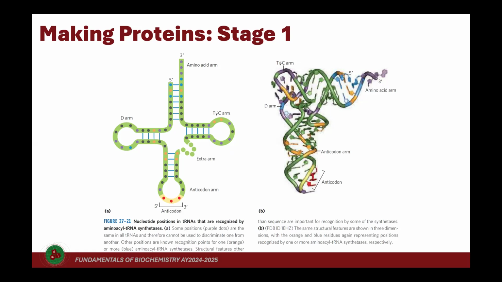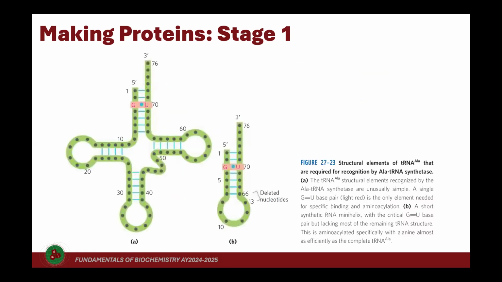Because the tRNA molecule is the one that reads the codons in your mRNA transcript. So at this point, your synthetase plays a crucial role in that it should have the correct tRNA molecule and it should attach the correct amino acid. Case in point, there is the tRNA molecule for alanine.